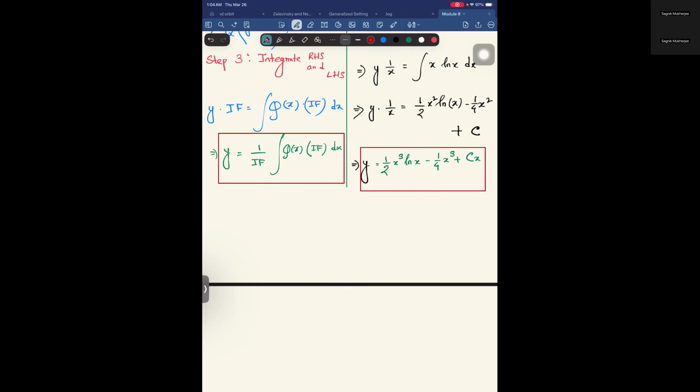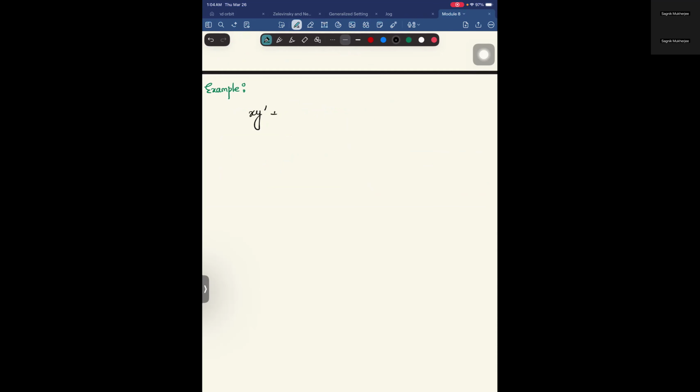I can do one more problem just for the sake of having more examples. Maybe this one. x y prime plus 2y equals x squared minus x plus 1.